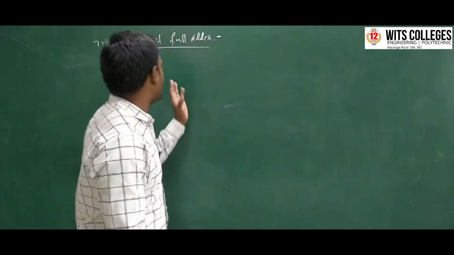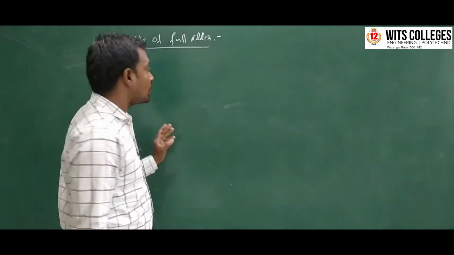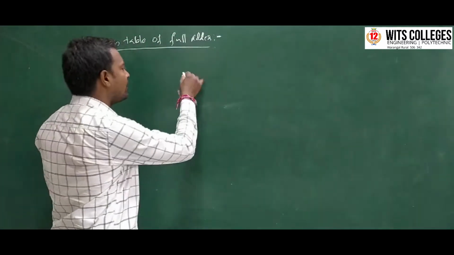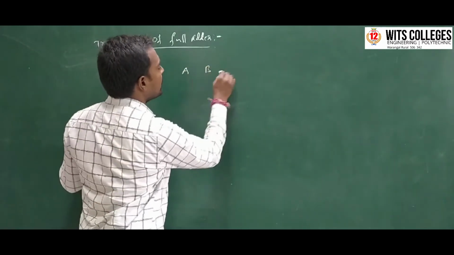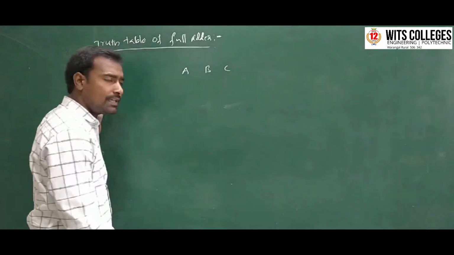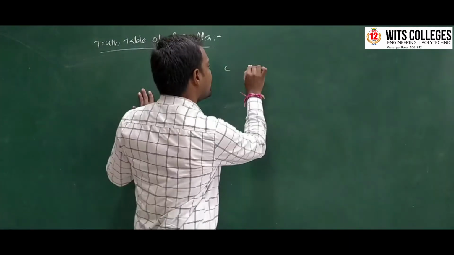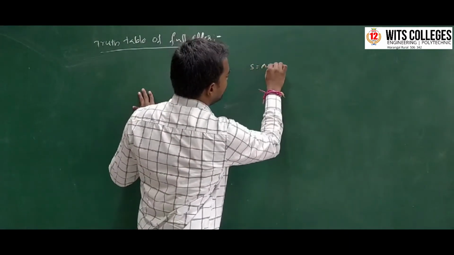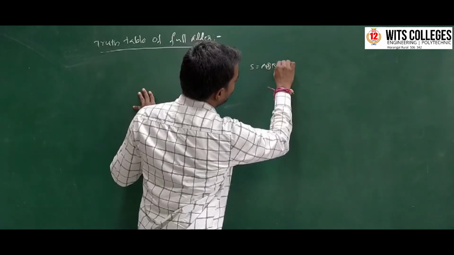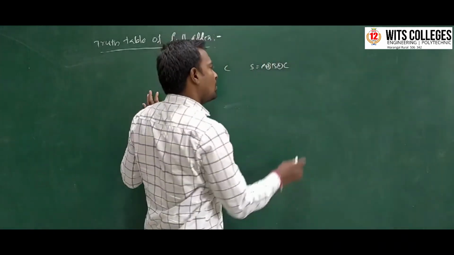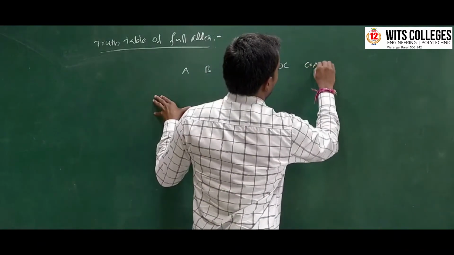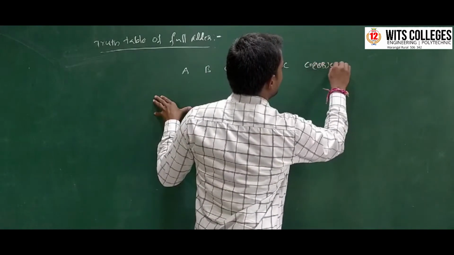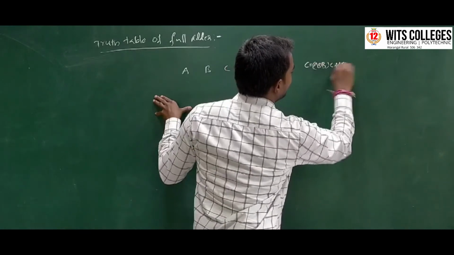Coming to the truth table of the full adder circuit, the inputs we are giving are three inputs, A, B, C, and we get the sum equal to A exclusive OR B exclusive OR C, and the output carry equal to A exclusive OR B into C plus AB.